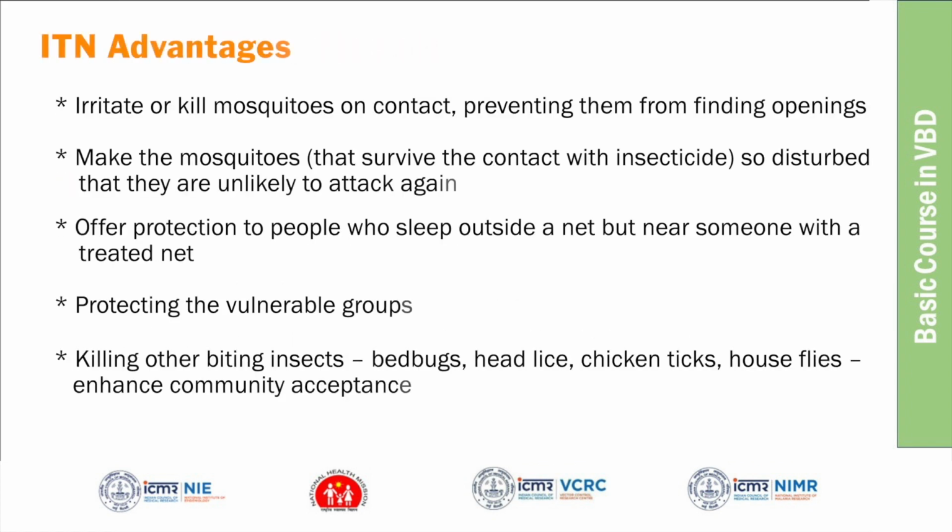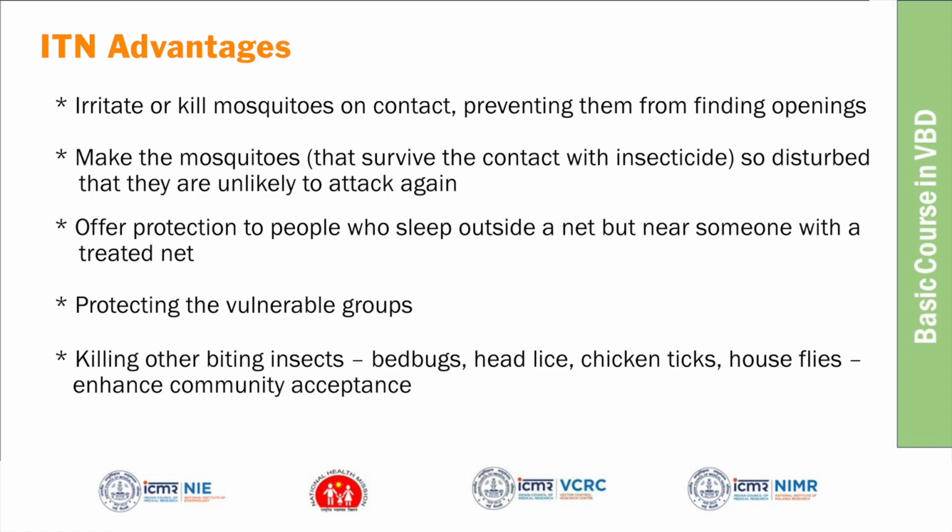To overcome that, what have we done? We have used insecticide treated nets. ITN means insecticide treated net. They irritate or kill mosquitoes on contact, preventing them from finding the opening. The mosquitoes that survive the contact with the insecticide are so disturbed that they are unlikely to attack again.